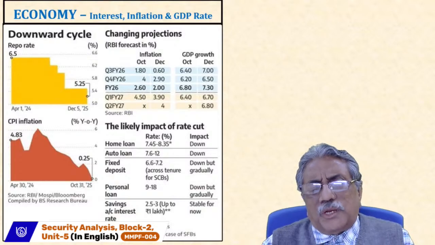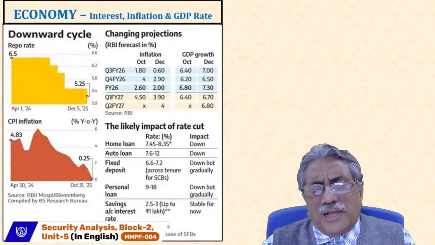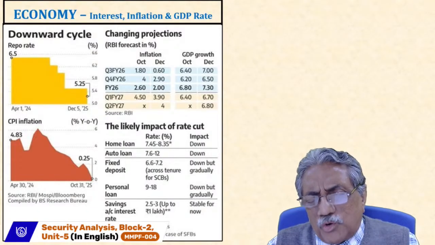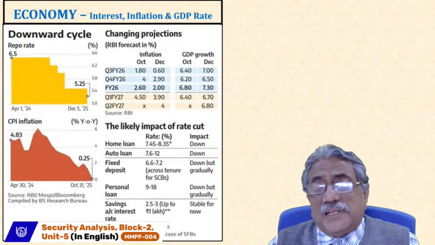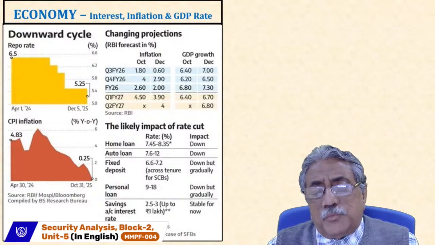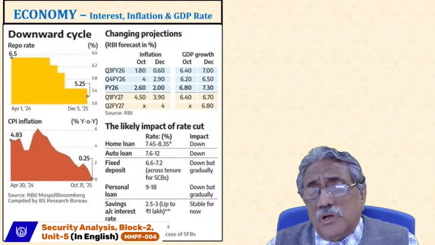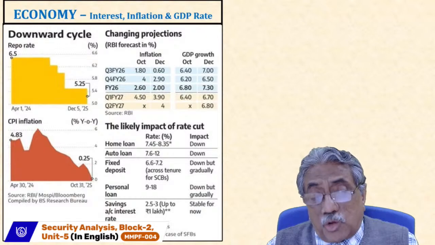So banks can now lend at, say, 1% or 2% above, at 7% or 7.5%. If the bank is lending at a lower rate of interest, industries will be interested to borrow from the bank and expand their capacity, setting up new plants, etc. So this downward cycle of interest rate is conducive for more investment into the economy.